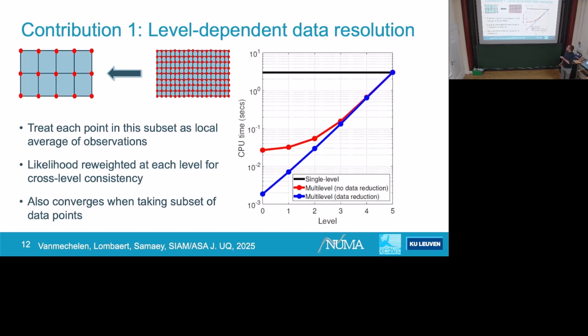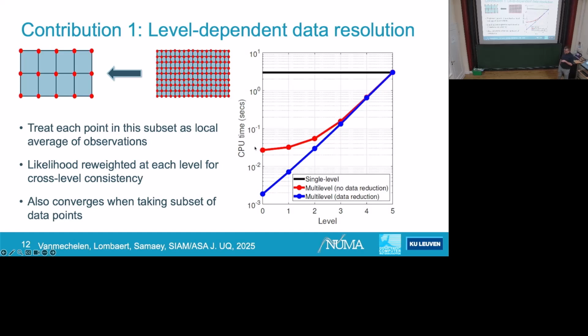But as soon as the finite element model becomes so coarse, that's not the dominant cost anymore of evaluating the likelihood. The dominant cost is just evaluating the solution of your finite element model in all of your data points. So if you want to avoid that, you need to avoid evaluating your data in all your mesh points. If you do that, then you can really get this linear decaying cost that you would have, and that's the thing that we want to avoid.